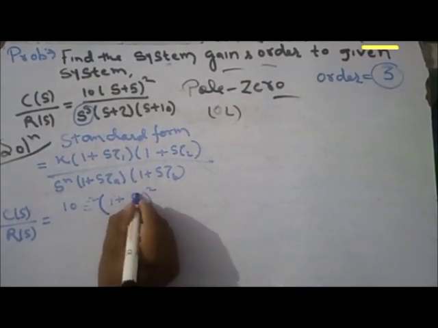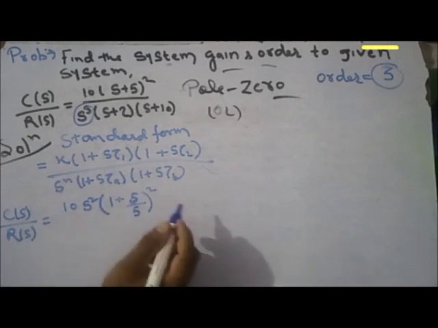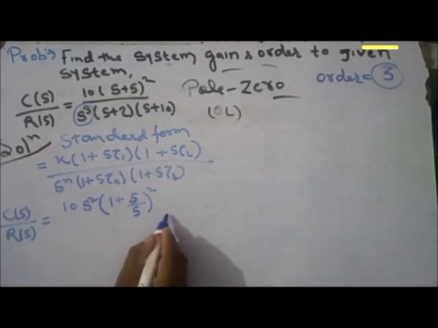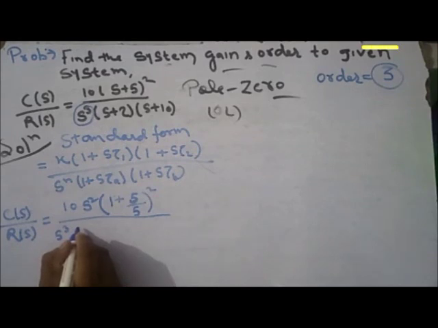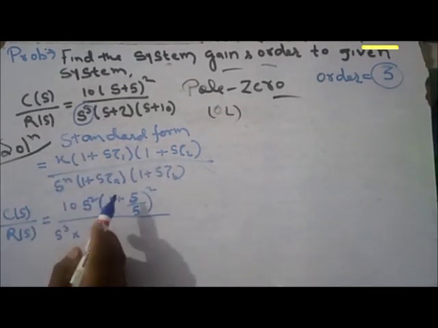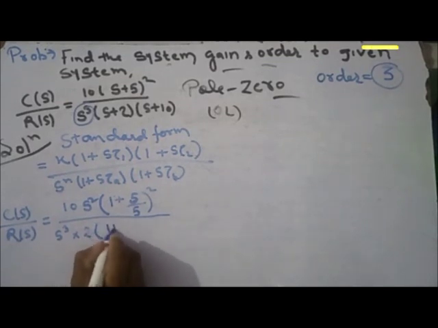So it is 250, basically 250 by 20, and that is how much? Write directly 12.5 into (1 plus 1 by 5, which is nothing but 0.25 s), upon s cube into (1 plus s by 2, that means 1 plus 0.5 s) into (1 plus 0.1 s).